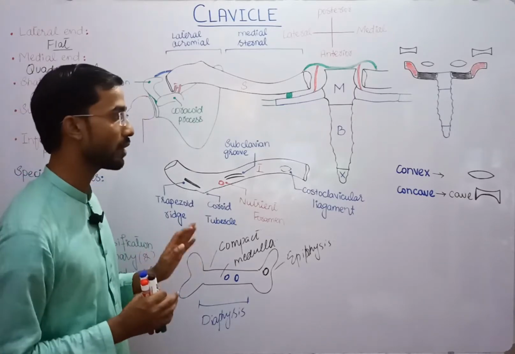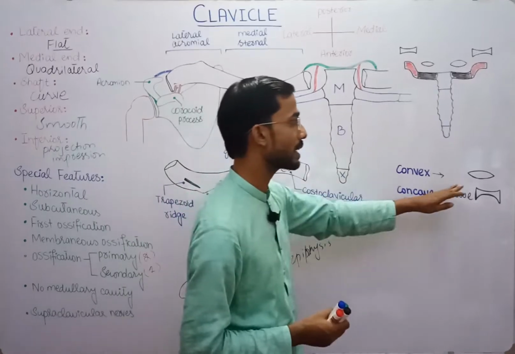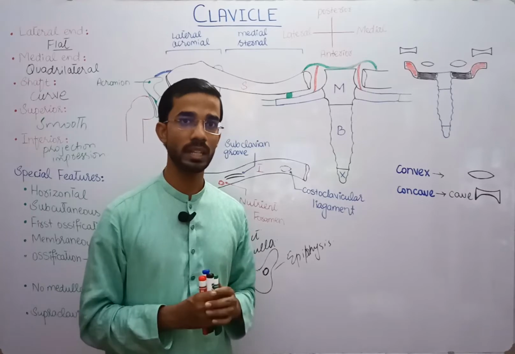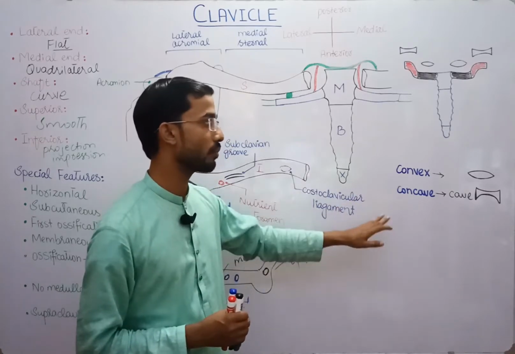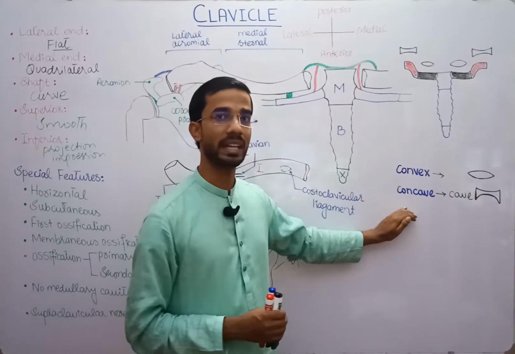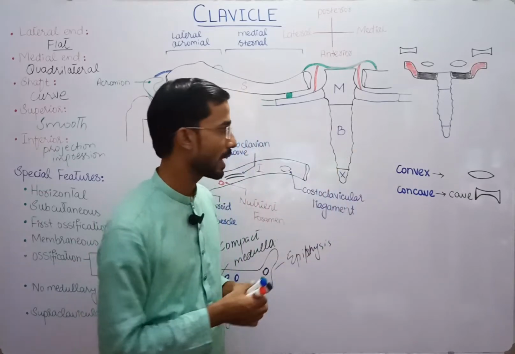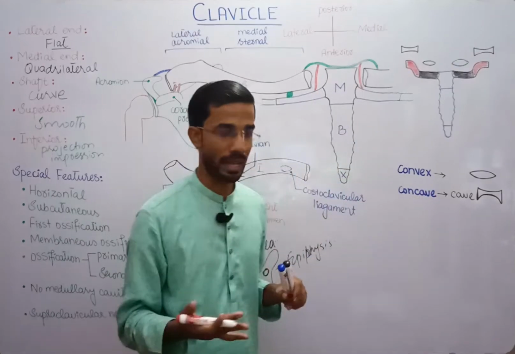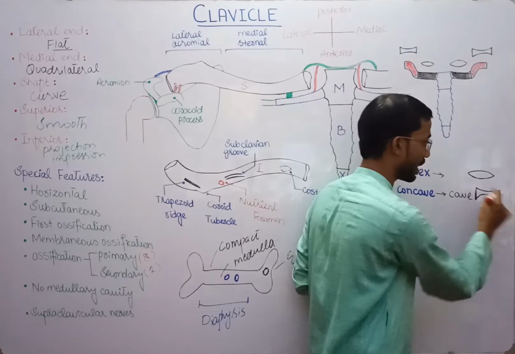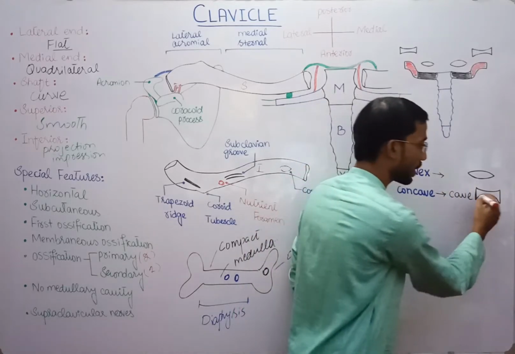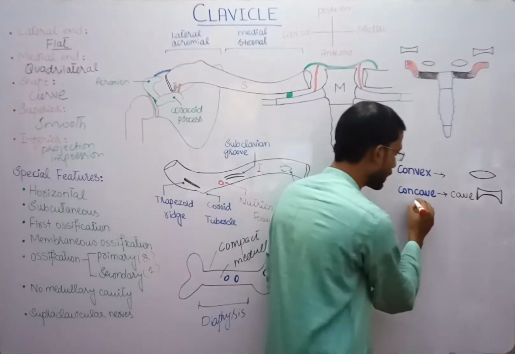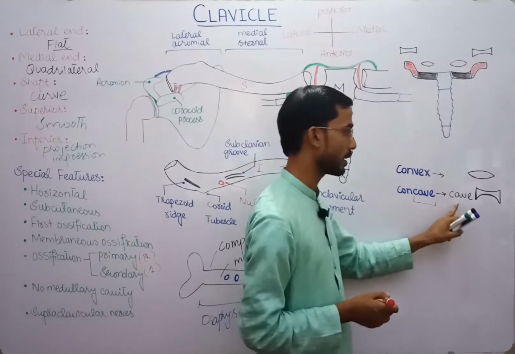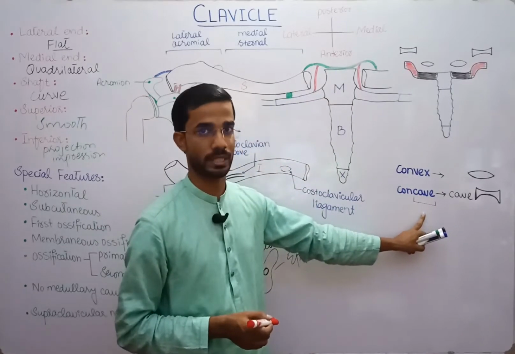Before we discuss, we first see convex and concave lenses, because several terms like convex and concave are used in this portion. So first let's see what is meant by concave and what is meant by convex. Concave is a lens. Here you can see this is a concave lens, and it is a cave-like structure. The word cave is used in concave.